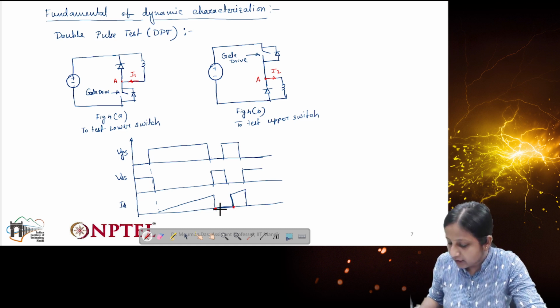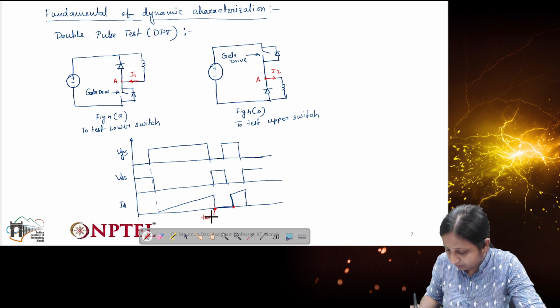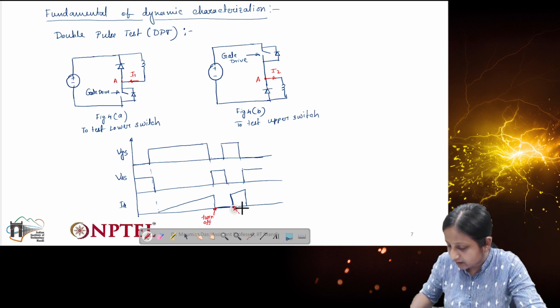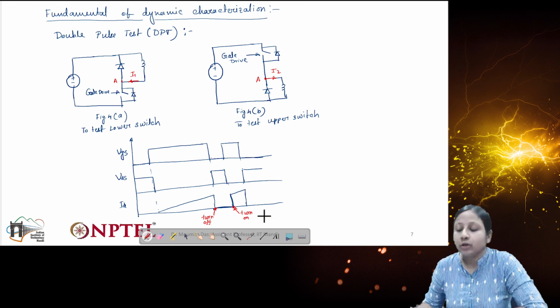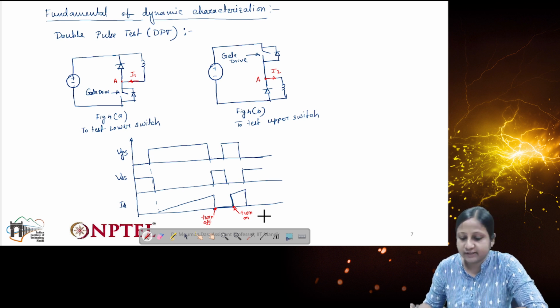This point will tell us about the turn off duration, and this point will tell us about the turn on duration. These are the two points which we will be analyzing for this dynamic characterization.